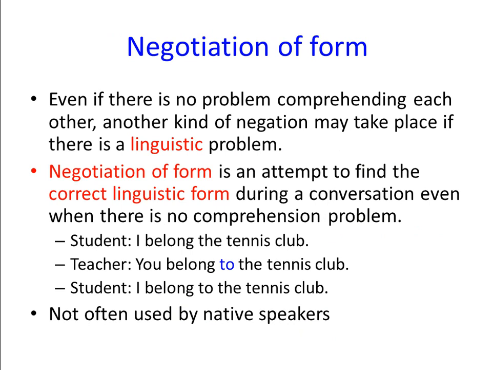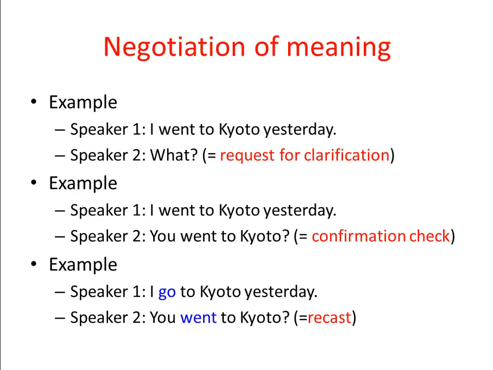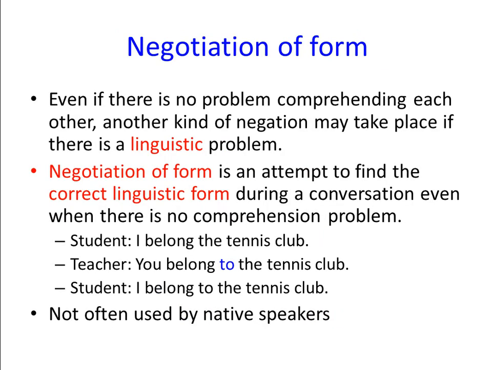And this is another type of negotiation, negotiation of form. So here we had communication problems. But when we say negotiation of form, we don't really have communication problems.